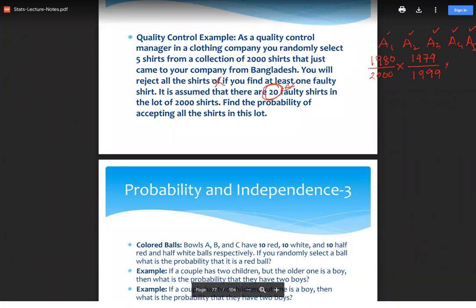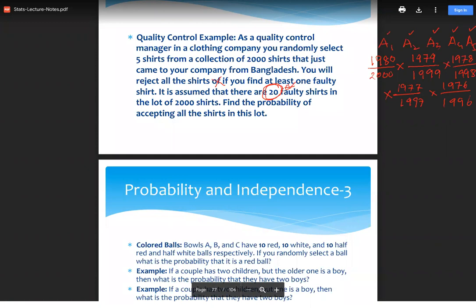The third one is gonna be 1978 out of 1998 times 1977 out of 1997 times 1976 out of 1996.